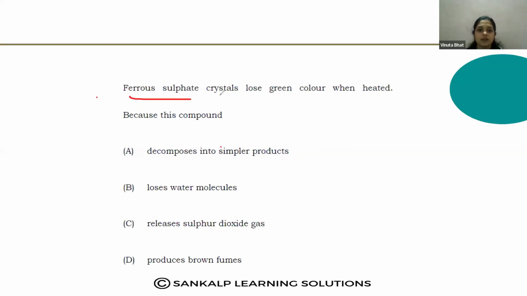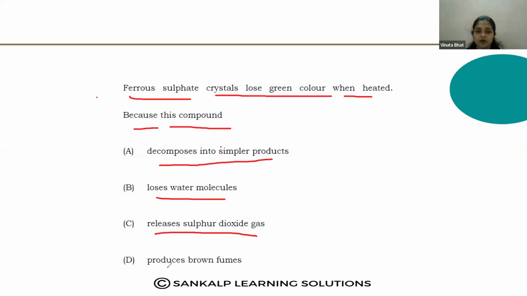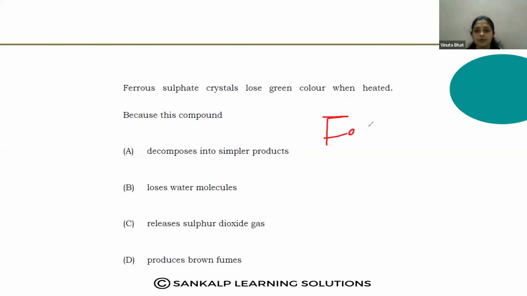Ferrous sulfate crystals lose green color when heated because this compound decomposes into simpler products, loses water molecules, releases sulfur dioxide, and produces brown fumes. Here, ferrous sulfate is FeSO4 with 7H2O, I think. So here water of crystallization is present.